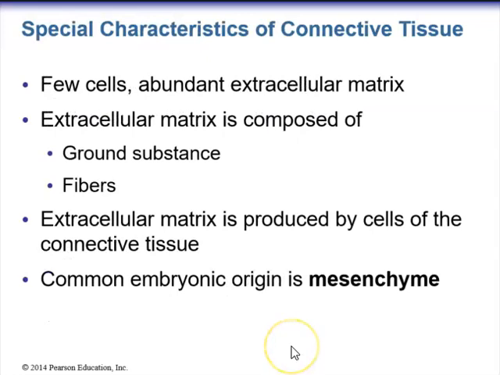So just some special characteristics of connective tissue. It contains very few cells, however, it is abundant with extracellular matrix. We know that extracellular matrix is composed of ground substance and fibers. Now, extracellular matrix is produced by cells of the connective tissue. And a common embryonic origin is mesenchyme.